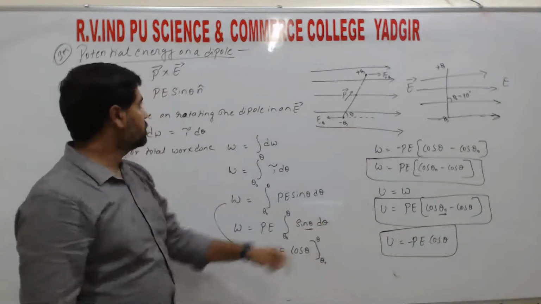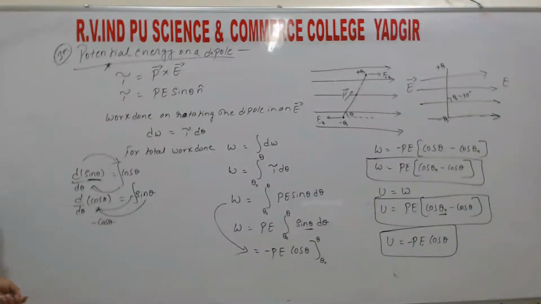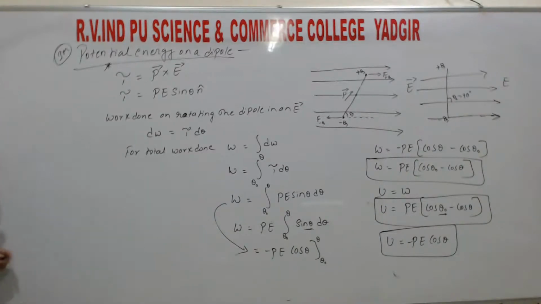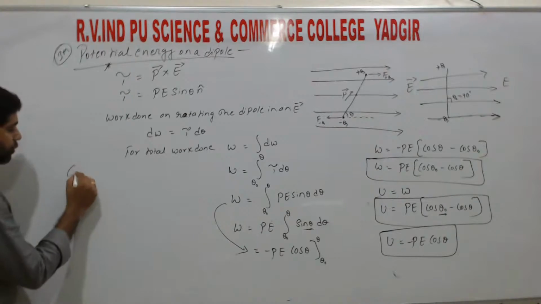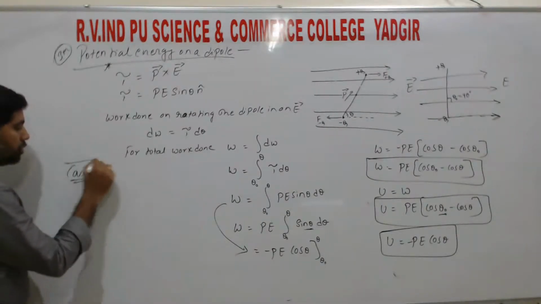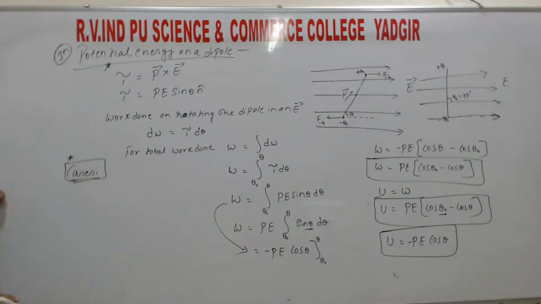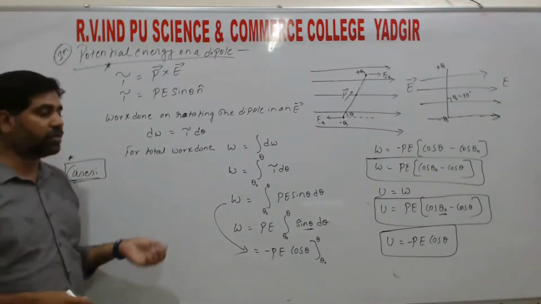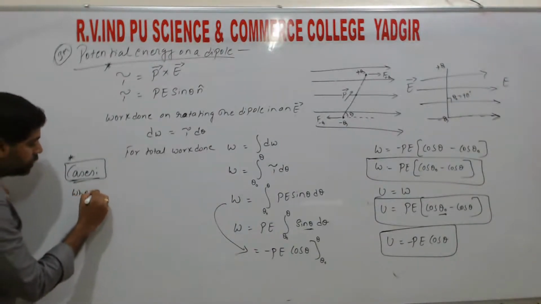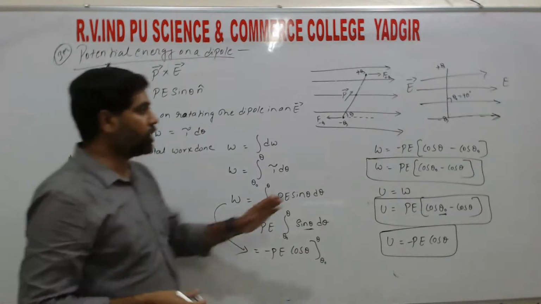Again, study the cases when the energy is maximum, when it is minimum and when it is 0, right? This is also important, whether they ask for 2 marks or 1 mark. When theta is equal to 0 degrees, the starting point is here.